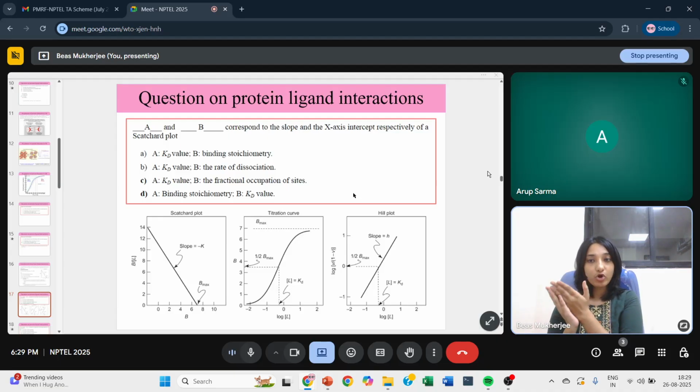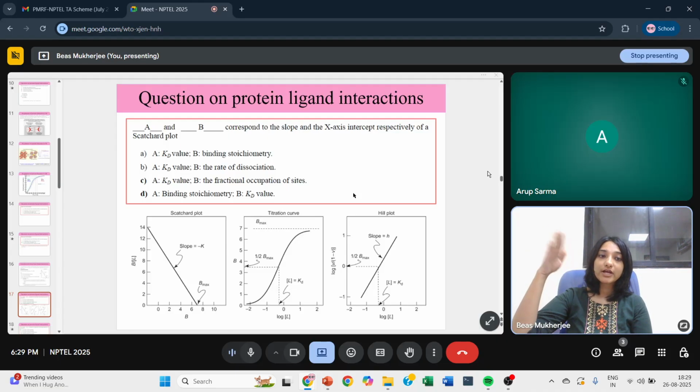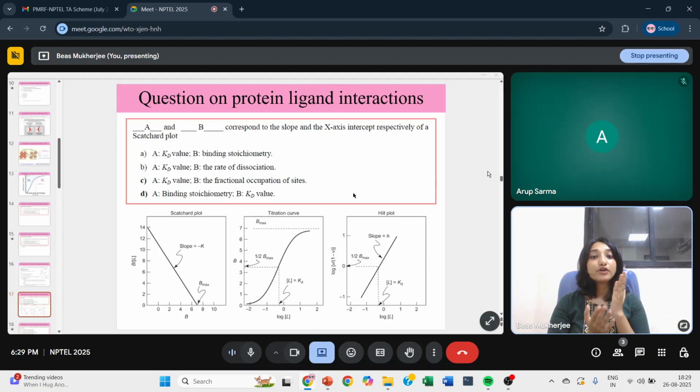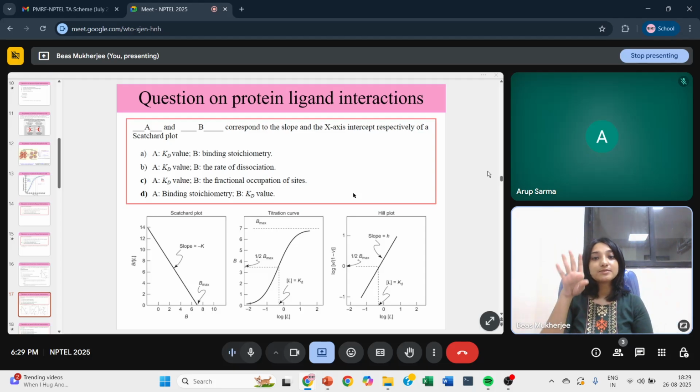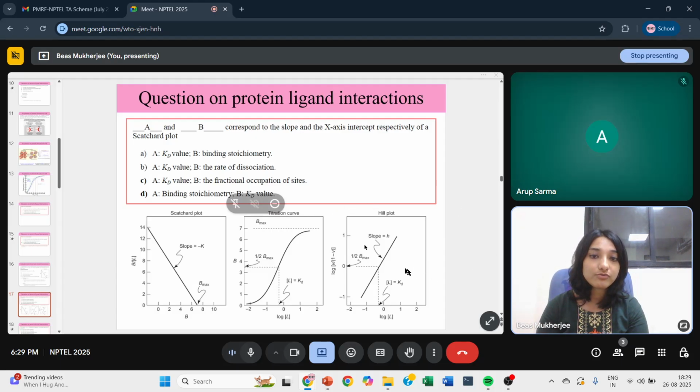That means you're plotting bound fraction by free fraction on the y-axis and bound fraction on the x-axis. A titration curve plots bound against the log of the concentration of the free fraction, and for the Hill plot, it is log of V by (1 minus V) against log of L, that is the free form. You can read about all of these and find out.